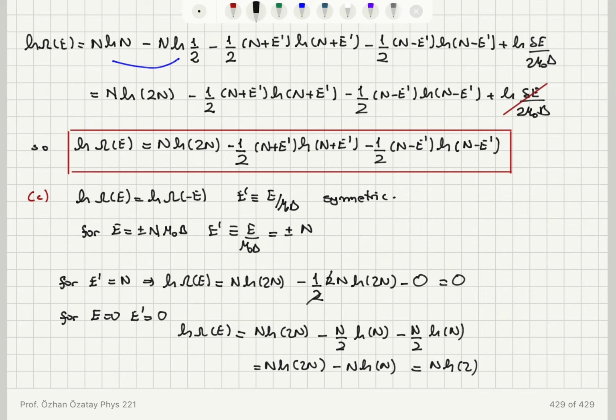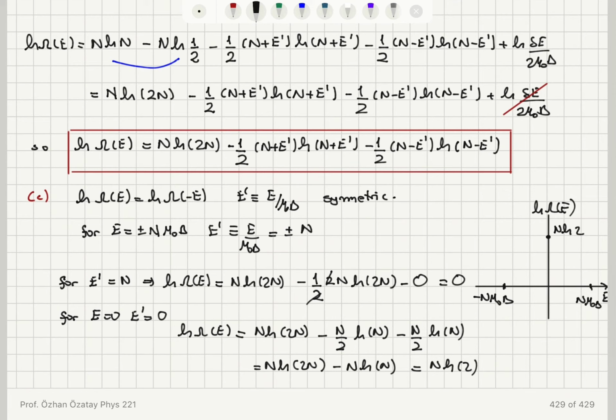So we see that if we plot ln omega E as a function of energy, first of all, it has to be 0 at minus n mu 0 b and plus n mu 0 b, and then it has to be n ln 2 at 0, and it has to be symmetric.